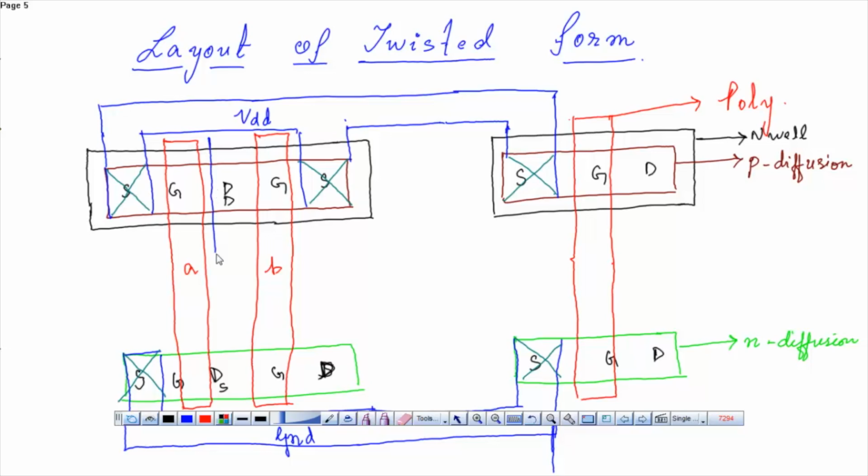So the common drain is connected to the drain of the PMOS.